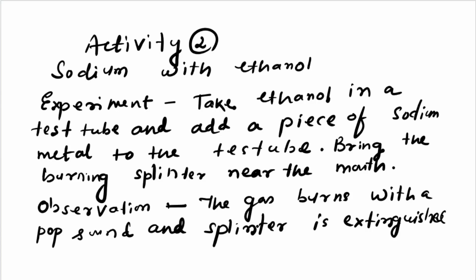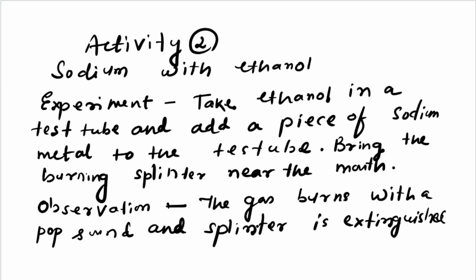In activity 2, again take ethanol in a test tube and add a piece of sodium metal to the test tube. Very dangerous. Without the presence of a science teacher, a chemistry teacher, no one should do this experiment because it is very dangerous. Some problem may come.